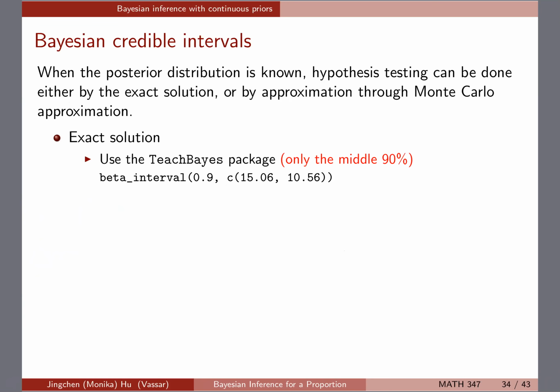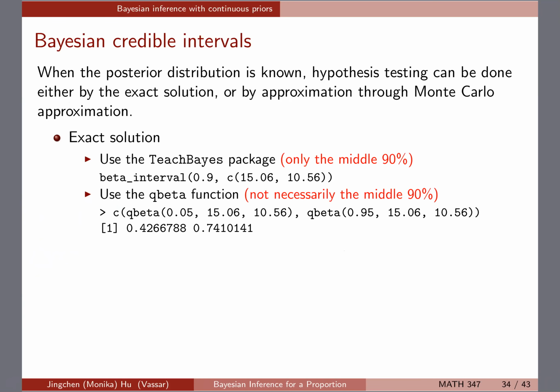So first of all, this is still an exact solution. I told you that only for the middle 90% can you use the beta_interval function. If you want to not necessarily get the middle 90%, you can use the qbeta function in R. The demo here is still the middle 90%, as a comparison to beta_interval.